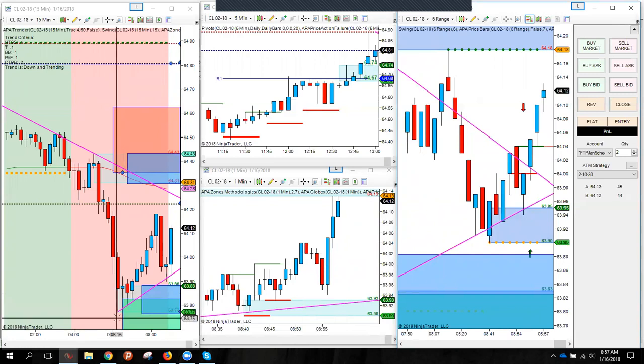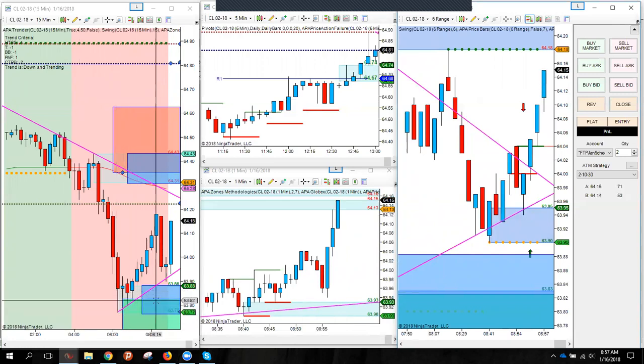Well, price seems to be bouncing from this area of confluence between the 60 and the 15-minute demand zones on my 15-minute chart.